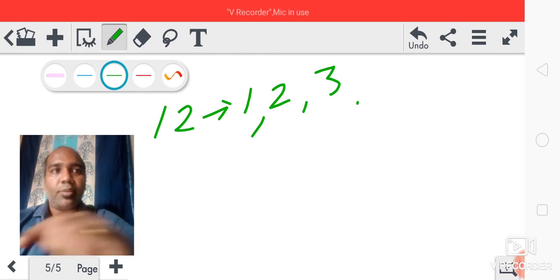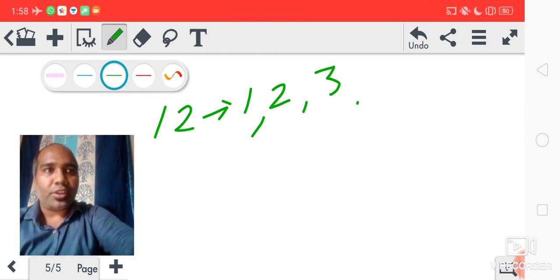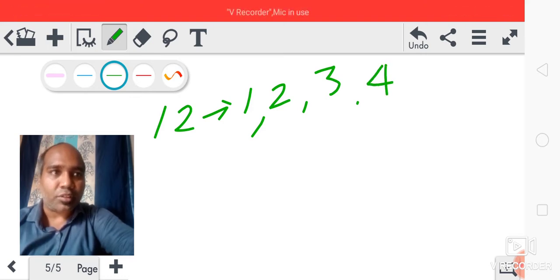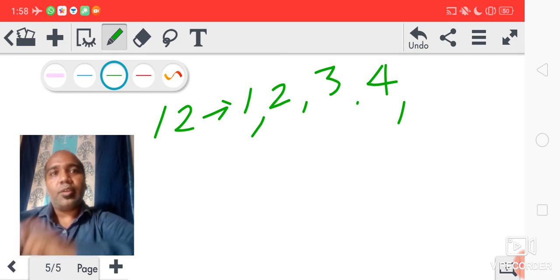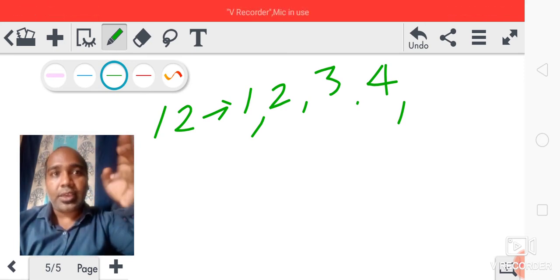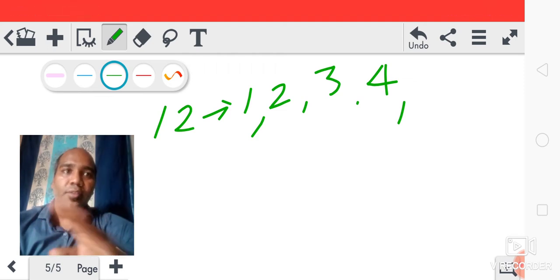Then in the table of 4, do we get 12? Yes, 4 3s are 12. So 4 is also a factor of 12. Then in the table of 5, do we get 12? 5 2s are 10, 5 3s are 15. In the table of 5 we don't get 12, so 5 is not a factor.